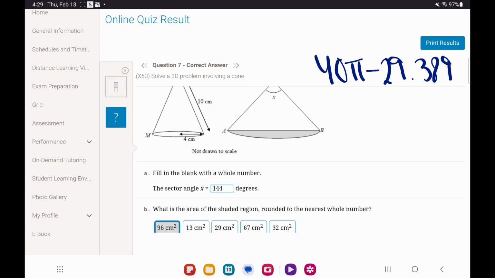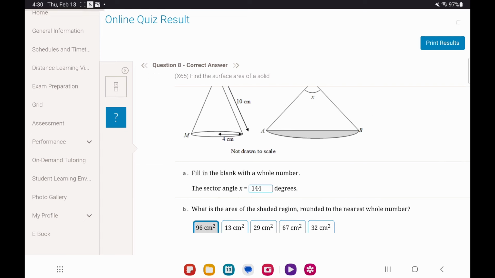I'll do it on my calculator. 40 pi minus 29.389, and you get 96.274. Round it to the nearest whole number, you get 96.